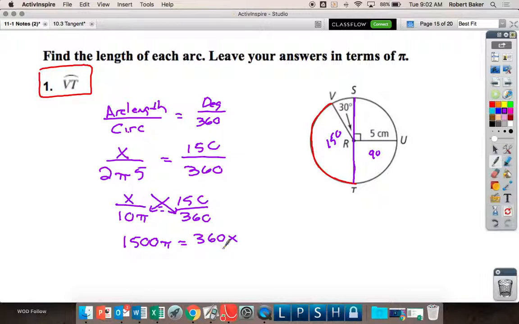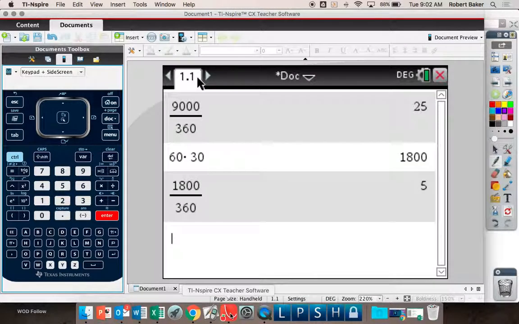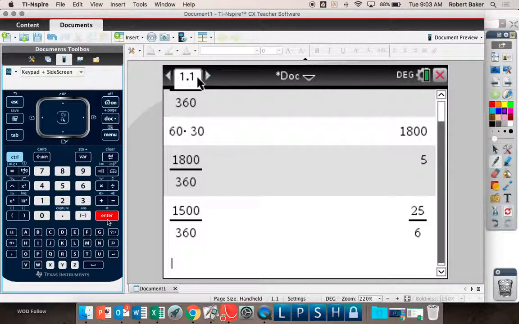So we want to divide by the number next to x. So we want to divide by 360. We got to do 1500 over 360. Don't use the pi. That's just a variable we're going to leave. Control divide 1500 over 360. 25 over 6. That's our answer.